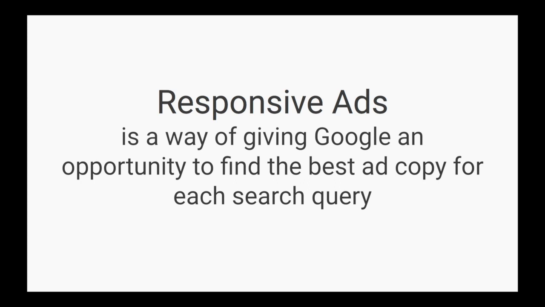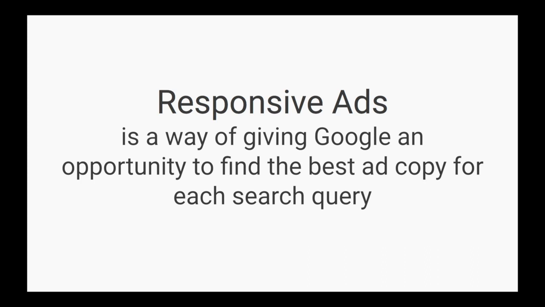Because we don't want to give Google opportunities to find the best ad for exact. We know it by default. We know what should be there for each exact keyword. It's only one variation, and we can try and test it ourselves much more effectively than Google can, because Google will go through a lot of variants that do not make sense.